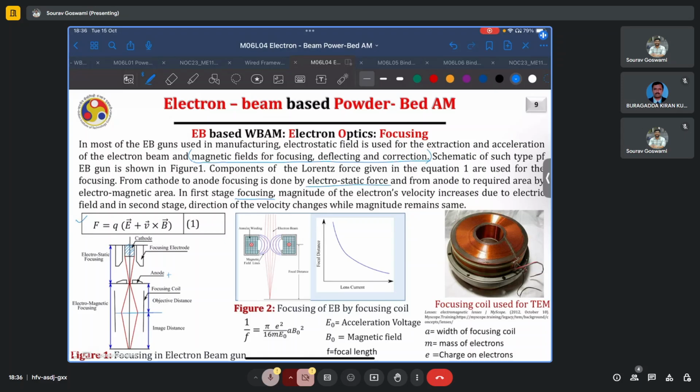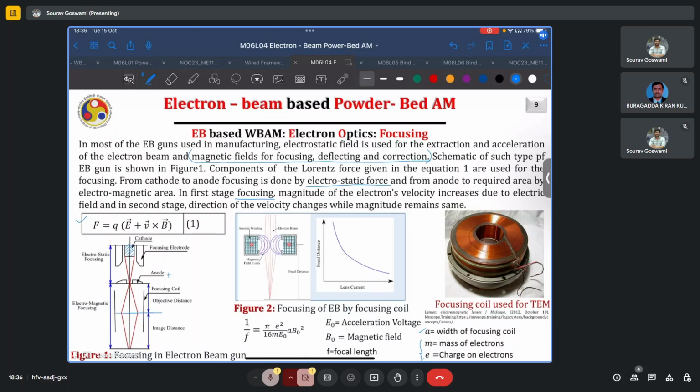Now, for your machine or setup, the mass and charge of the electron are natural constants. The width of the focusing coil will be fixed. The acceleration voltage typically also has some optimized or well-defined values based on the application.